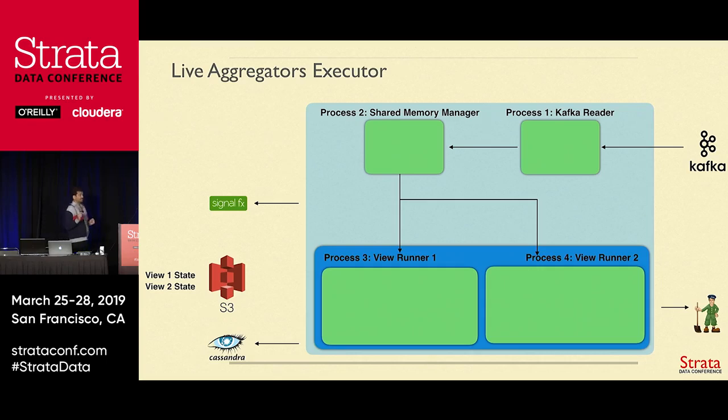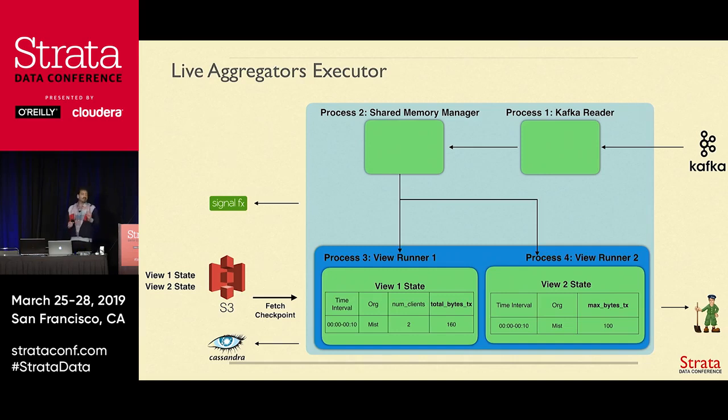Now the very first thing both the views will do, before reading or processing any message, is check S3. They would check if there is a checkpoint available for this view in S3. If there is, they would fetch that checkpoint, update their memory, and load the whole state in memory.